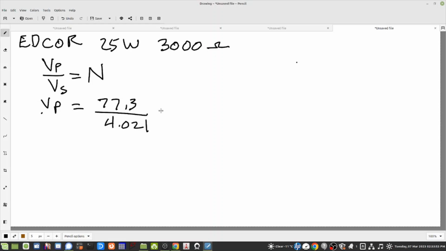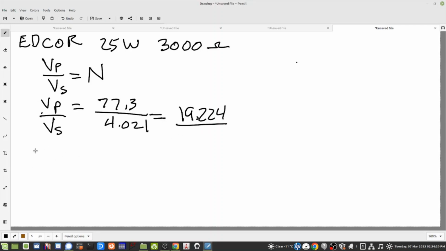So we get a turns ratio, okay, a little bit messy there. We get our turns ratio of 77.3 divided by 4.021, and we get 19.224. Okay, we'll just hang on to that whole number because we'll see what we get.